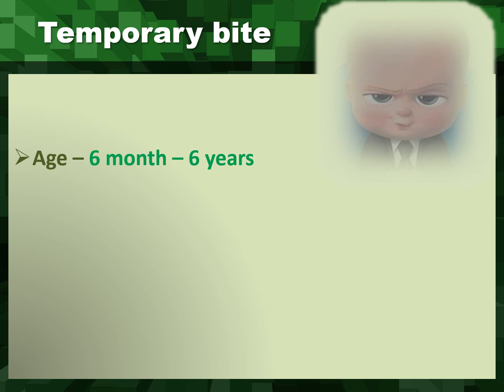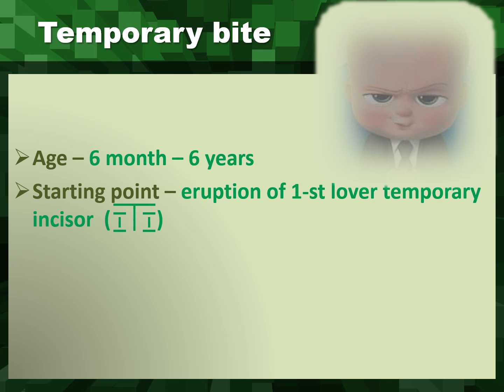At first, timing. The temporary bite period begins at the age of 6 months and its duration is until 6 years. What is the starting point of this period?